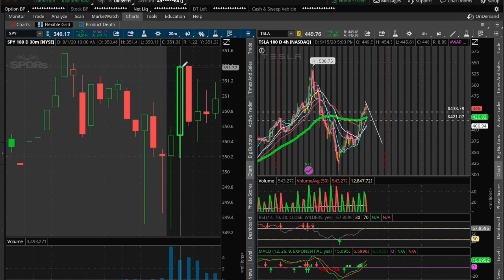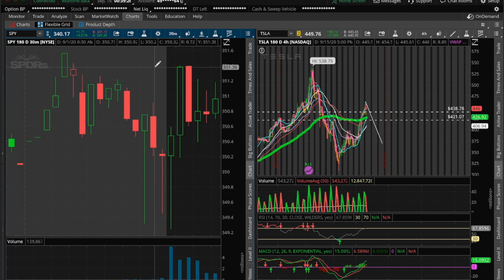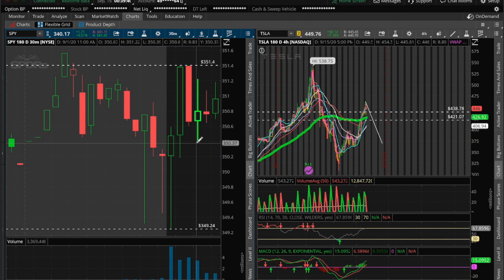All right, so now we know it needs to get over here before us to even want to get in. So it needs to get over 351.4, right? And then the low is 339.24. Boom. All right, so now we're in this dollar range.